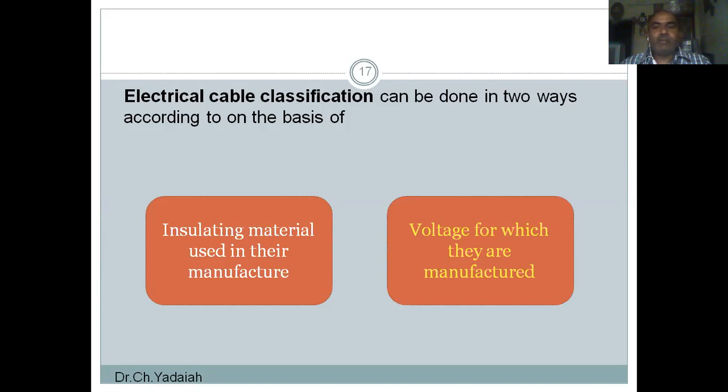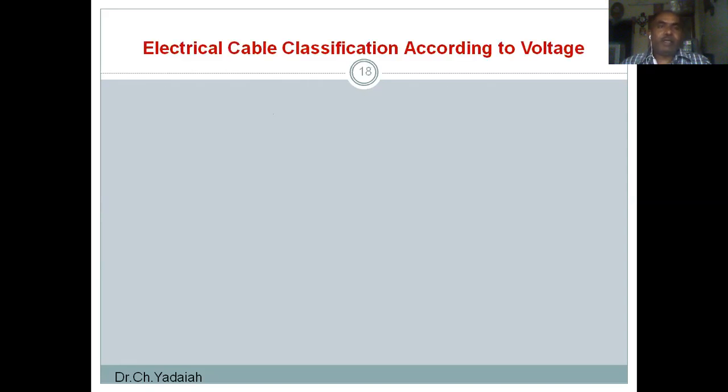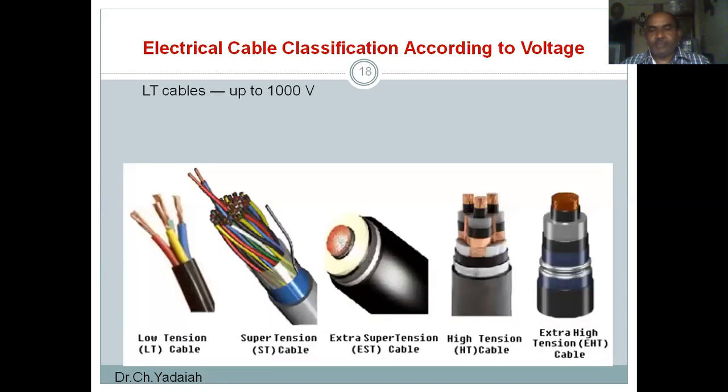Another is based on the voltage for which they are manufactured, for example a cable used for EHT or an LT cable. Let us see the classification according to voltage.